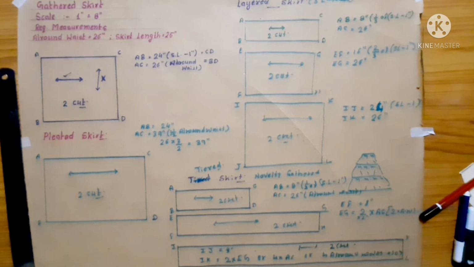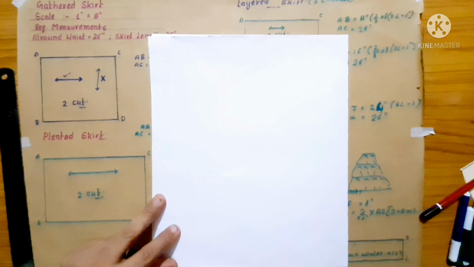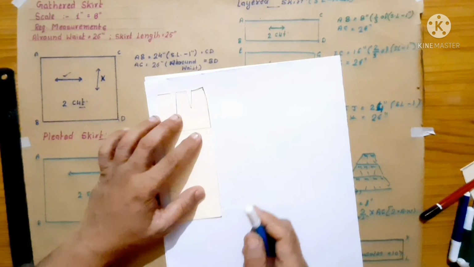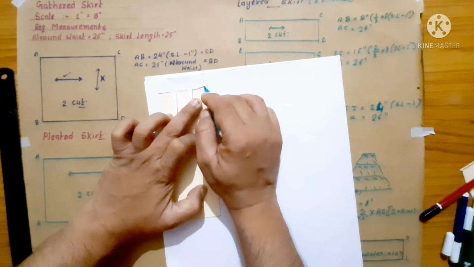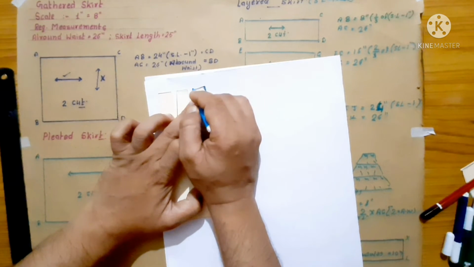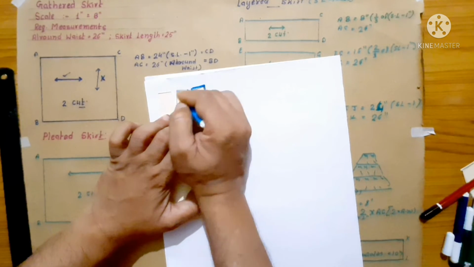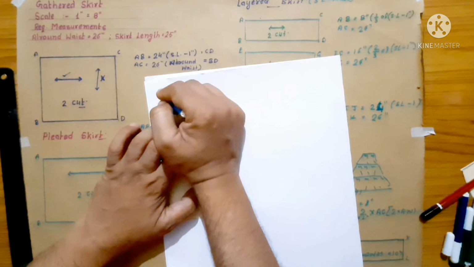Now we'll do the next one, that is the yoked skirt. Yoked skirt is a little bit different from these designs. For the yoked skirt we have to trace the stencil of the front and back skirt block, basic skirt block.